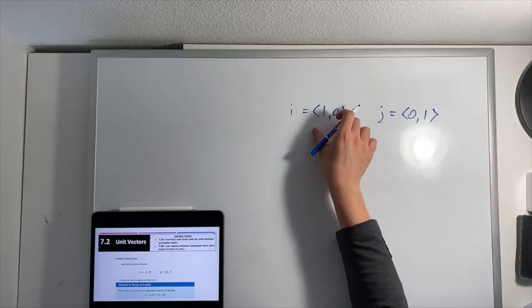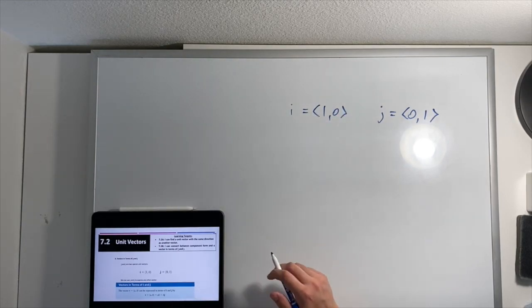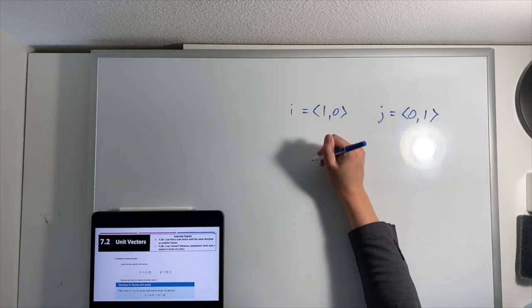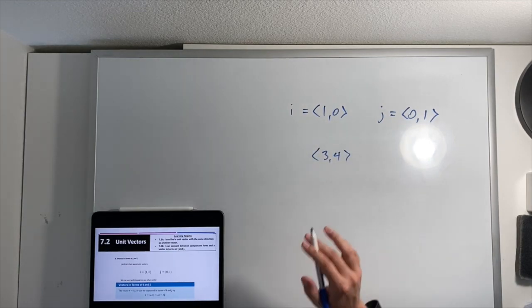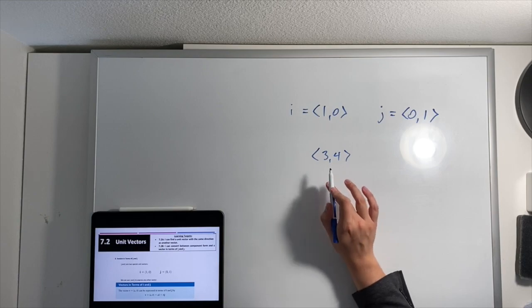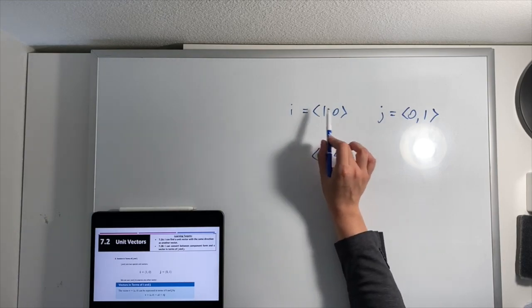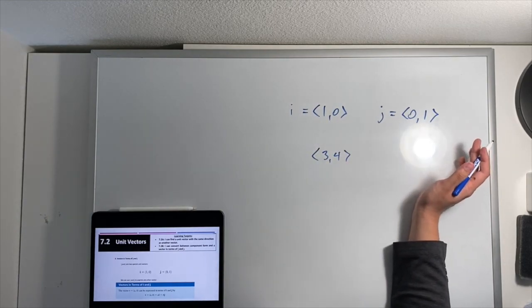But think of literally any other vector. If we have the vector <3, 4>, we can express this vector in terms of multiples of i and multiples of j.